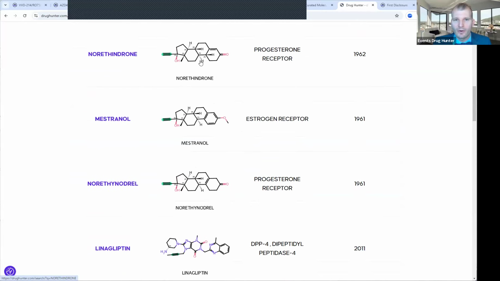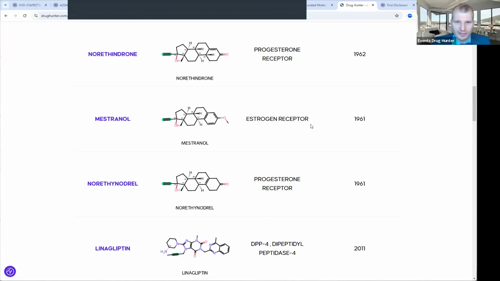You'll find it's oftentimes progesterone and estrogen receptor modulators that contain those terminal acetylenes to protect this alcohol. If that was a secondary alcohol, it would be metabolically oxidized and deactivated. That's why it was found in the 40s that those terminal acetylenes are great metabolic protecting groups, if you will.